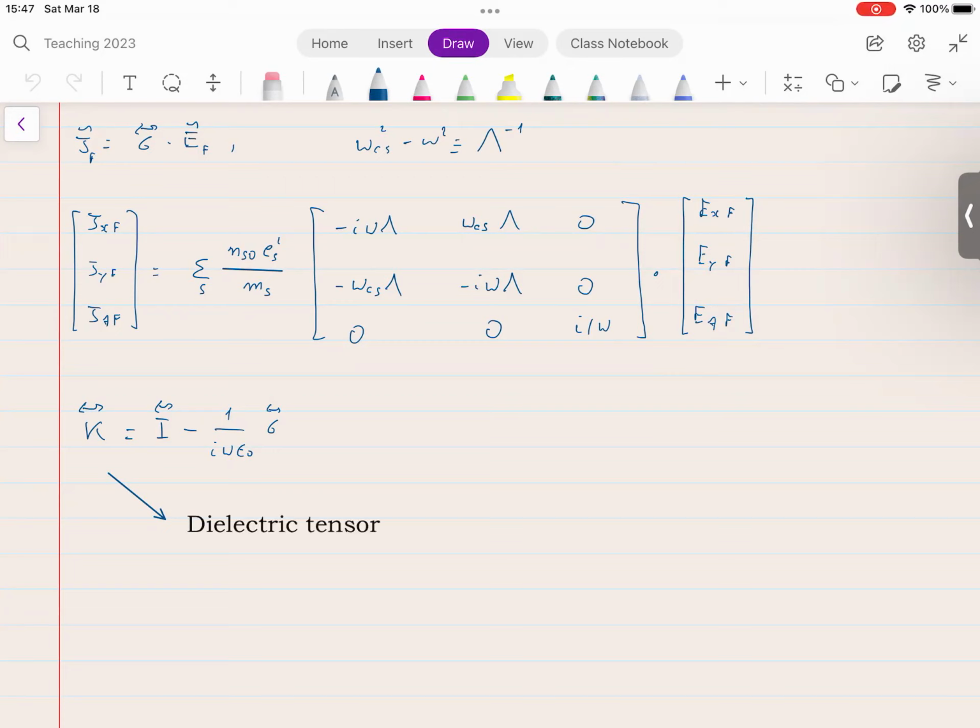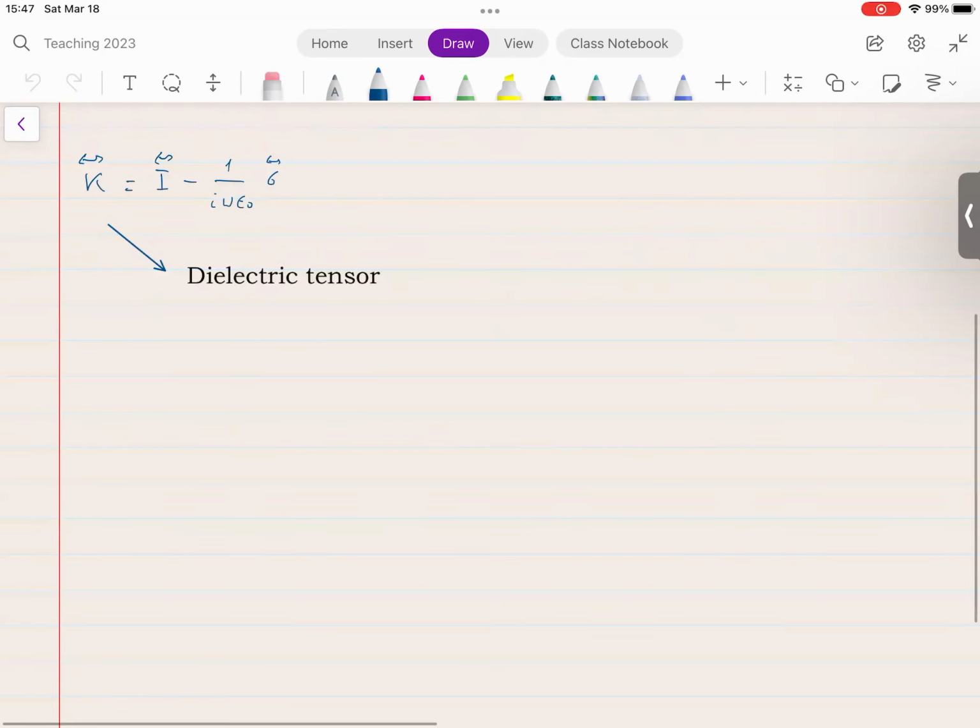And based on the information that we already have, it's easy to express the dielectric tensor. I'm going to skip a step and do it the way the textbook does. And I'm then going to define the various quantities that appear in the expression I'm going to write now.